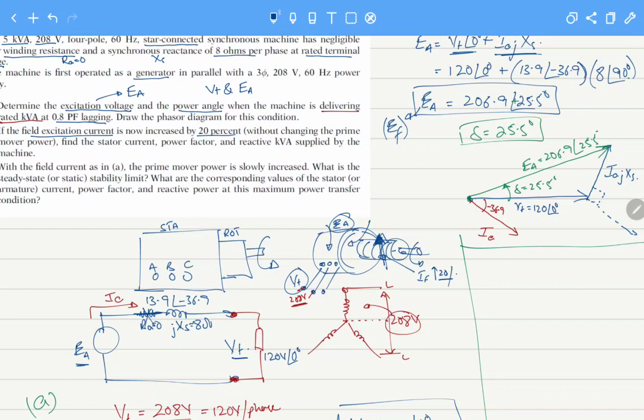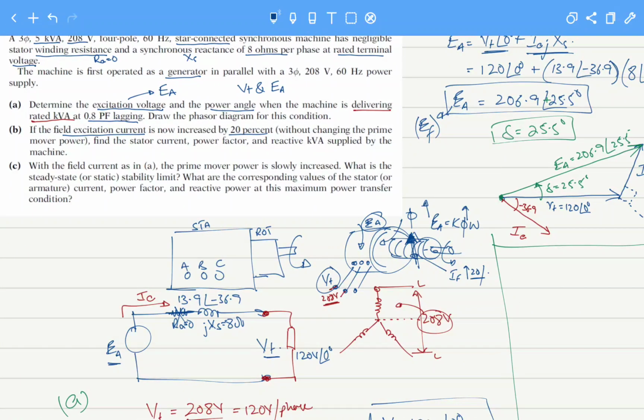It will increase the flux inside the machine by 20%. And as the flux inside the machine is increased, of course we know that the internally generated voltage, EA equals K phi omega, will also increase by 20%. The internally generated voltage will increase 20%.